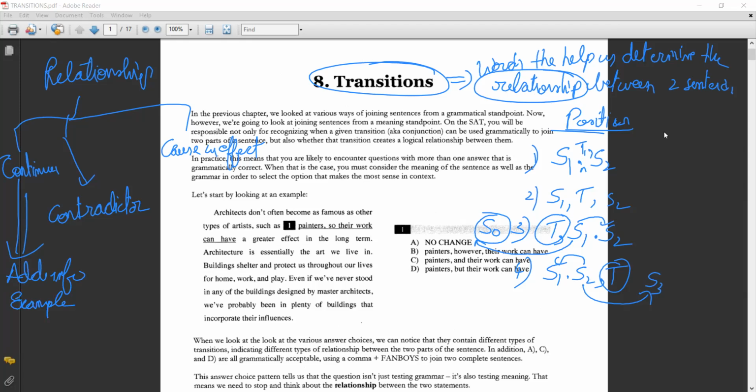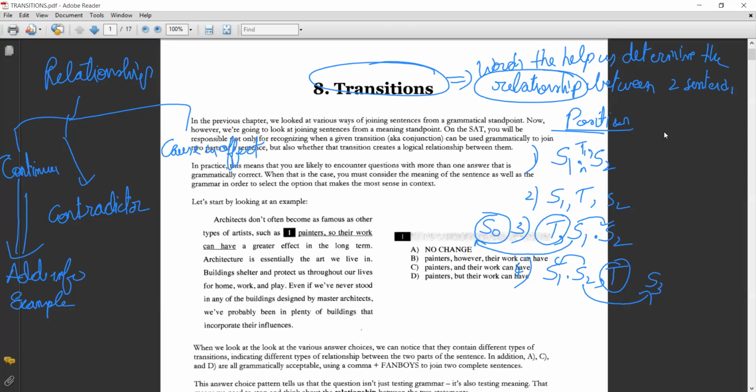So basically one sentence is the continuation of the other, or you're determining a sequence of steps or events. For example, when you're explaining the steps to bake a cake, you say firstly take a container, clean it and make sure that it's dry, then you add all the dry ingredients. That word then is actually a continuous transition there, because it is showing a sequence of things that are happening.